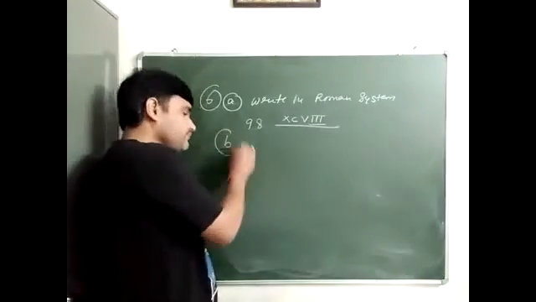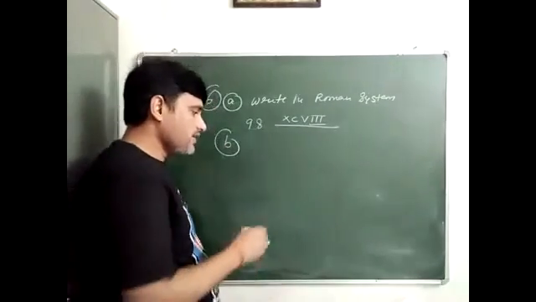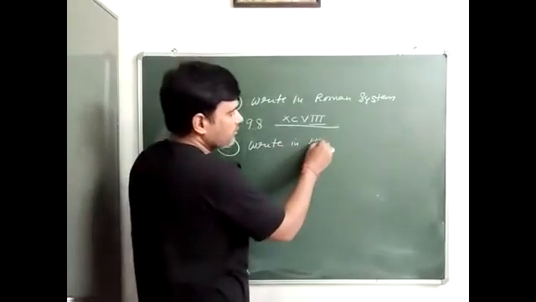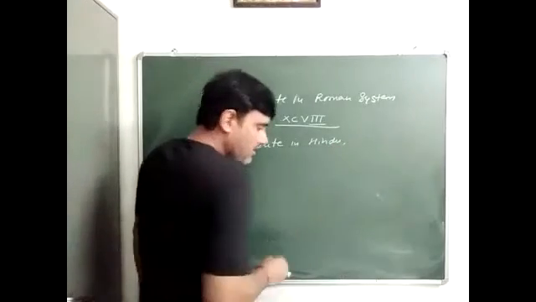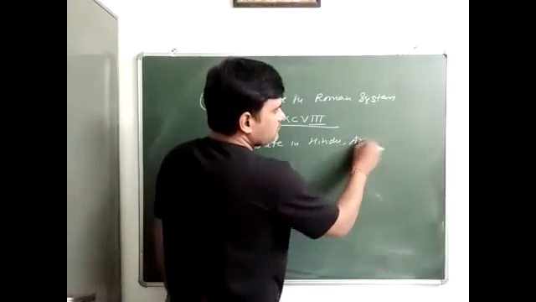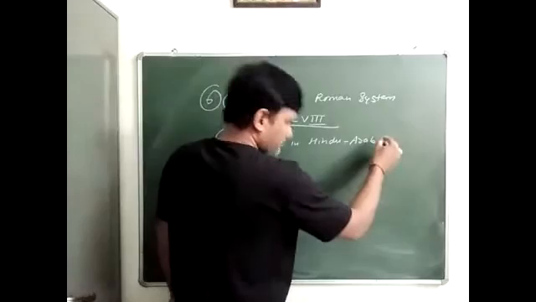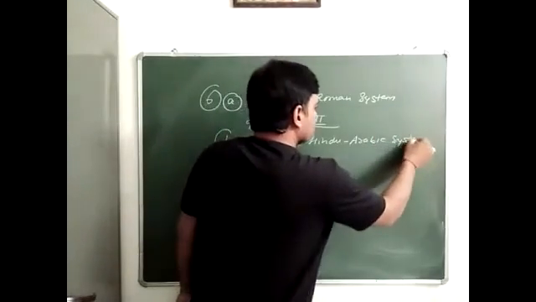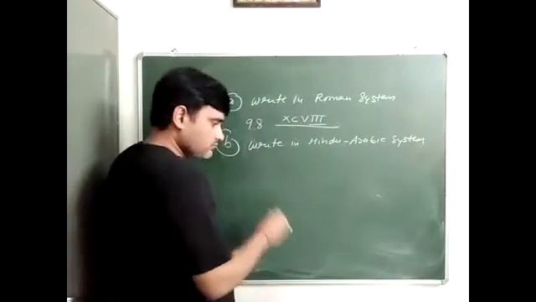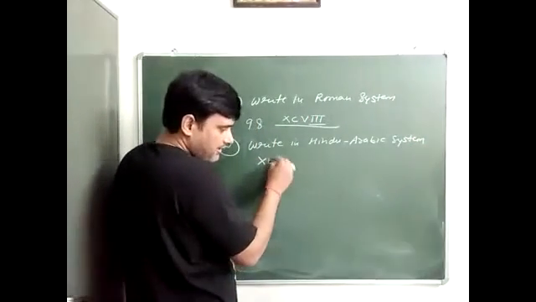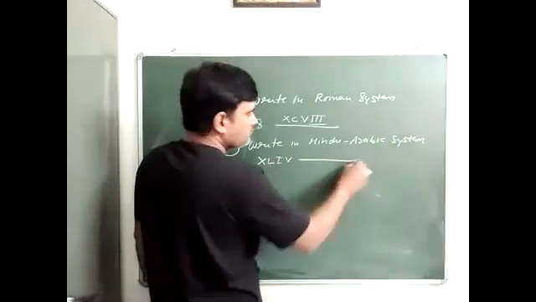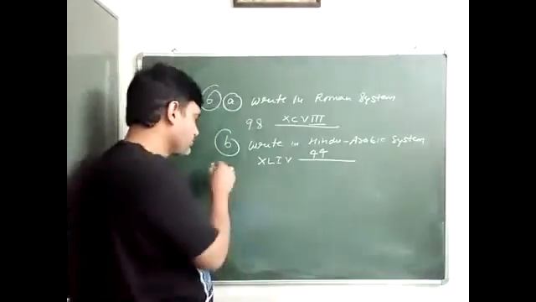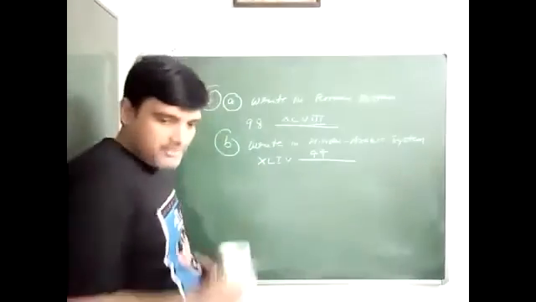B, write in Hindu Arabic system. XLIV is 44. Okay.